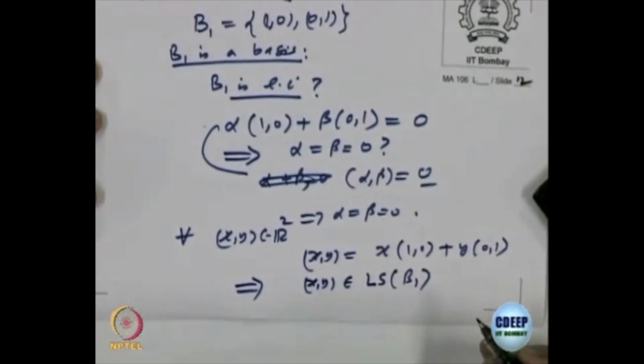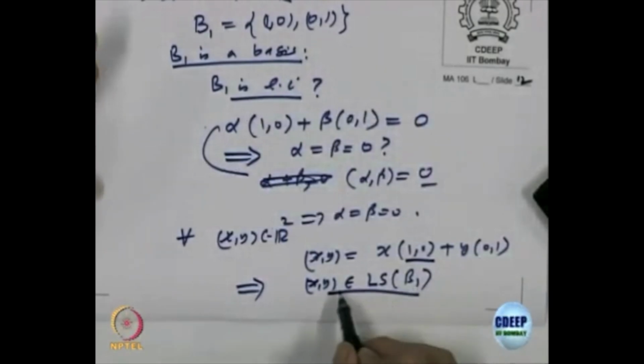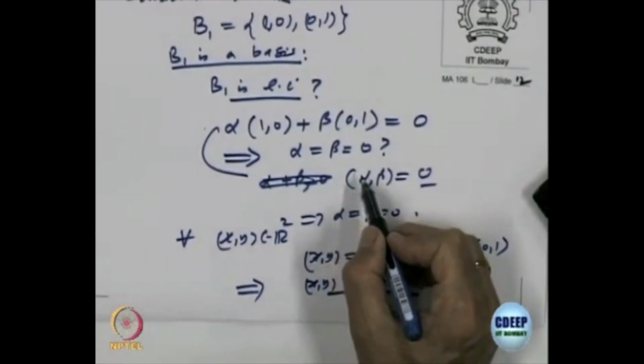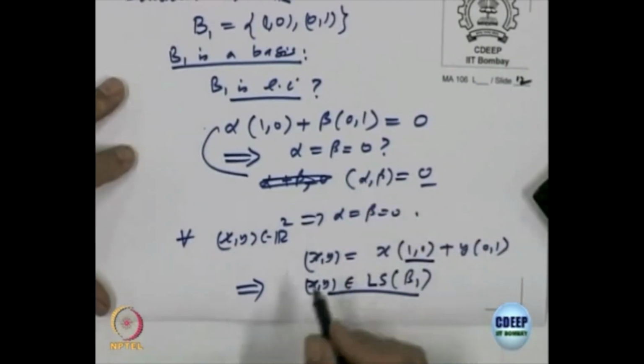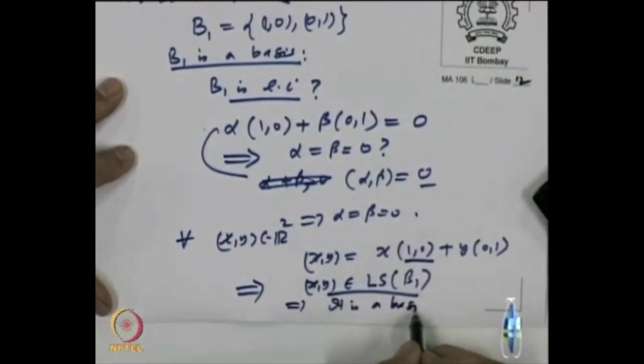So the linear span of B1 is the whole space, and it is independent. So it generates, L of B is equal to S, and with linear independence, that implies it is a basis.